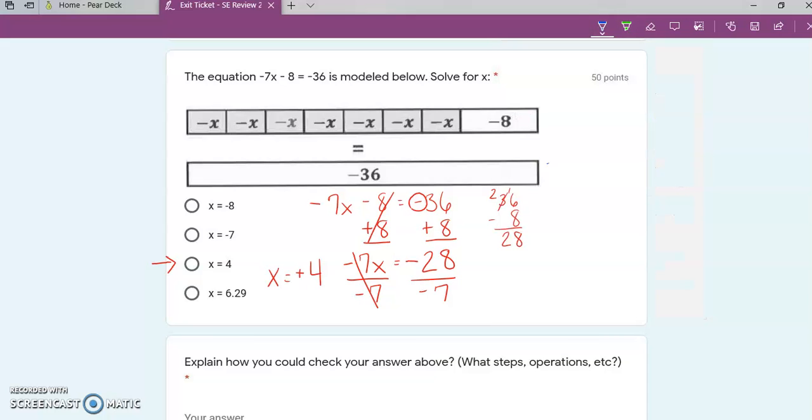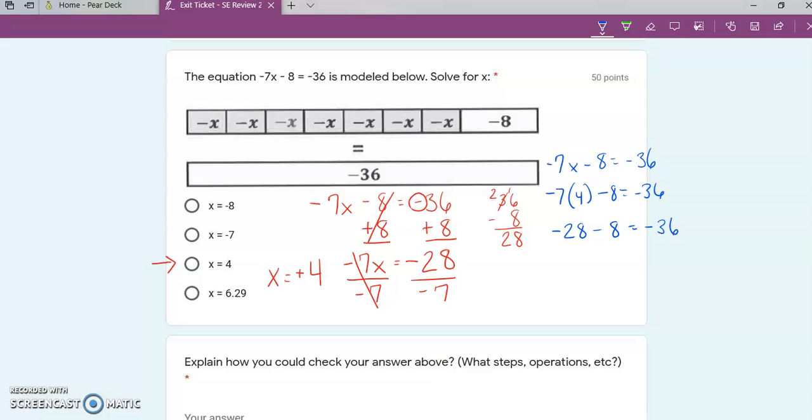So, -7x minus 8 equals -36. Wherever there's an x, I put the 4. -7 times 4 is -28. -28 minus 8 equals -36.